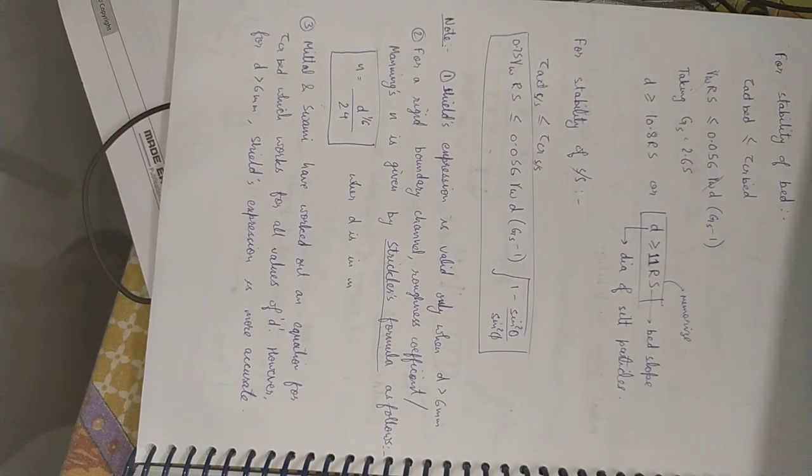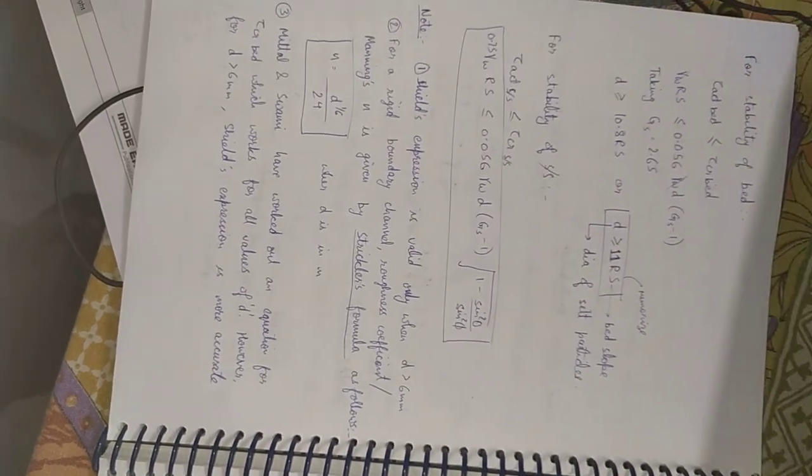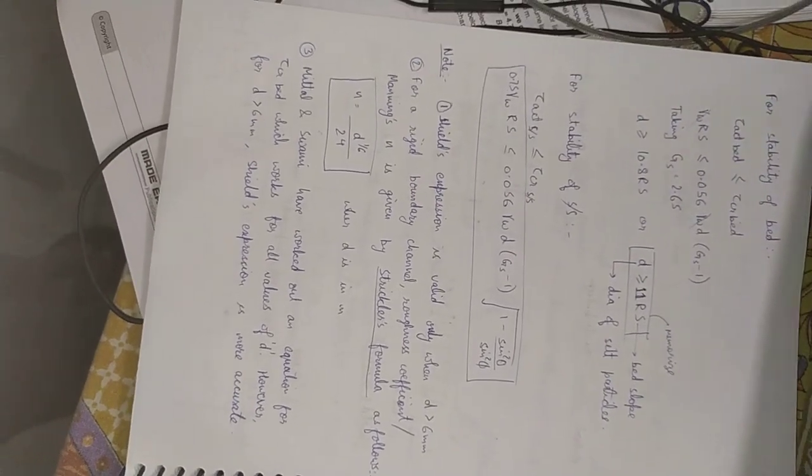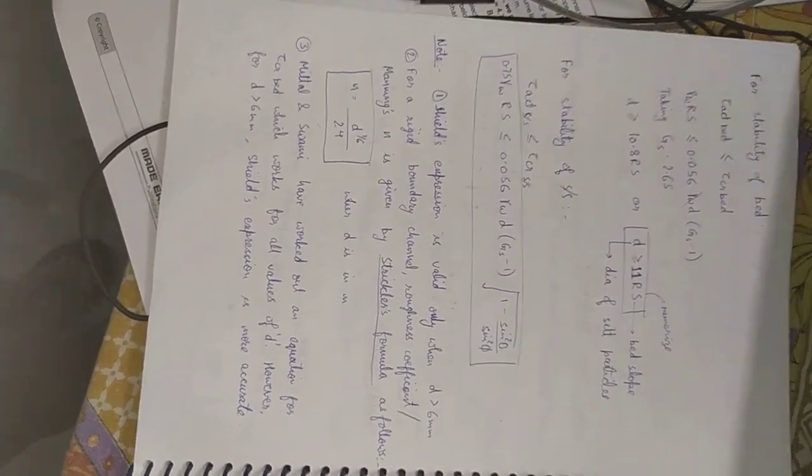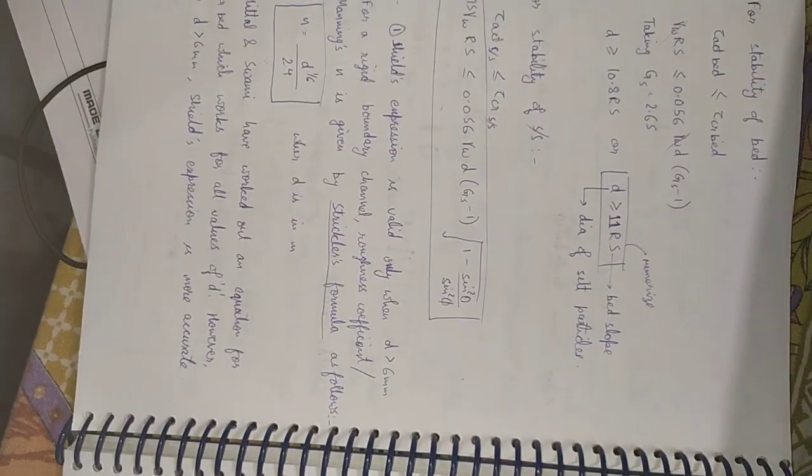Okay, and we also have another formula similar to Shield's that gives similar results, that is Mittal and Swami. We can use this formula for all D's, but it is more suitable for D less than 6 mm.